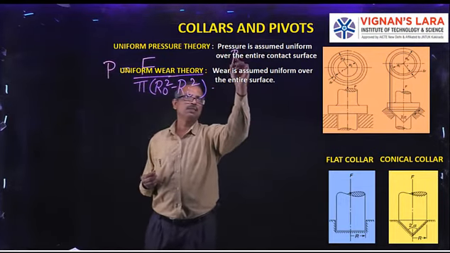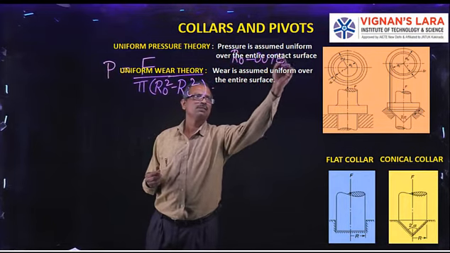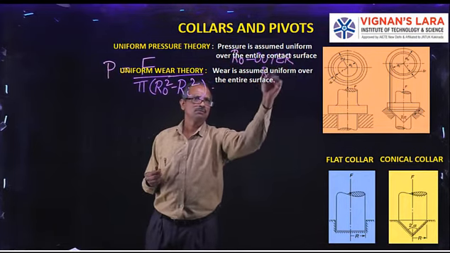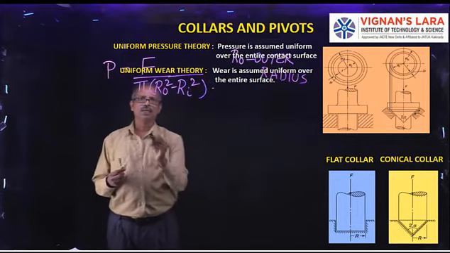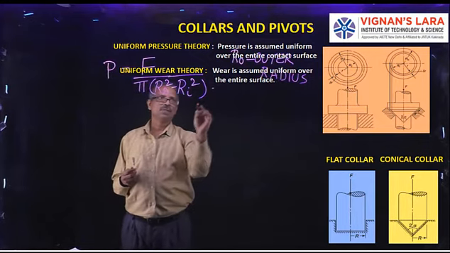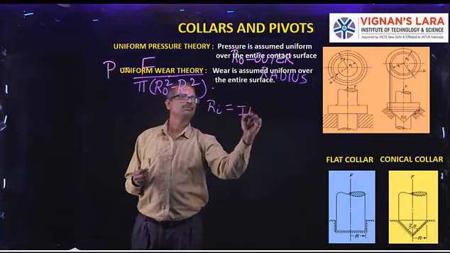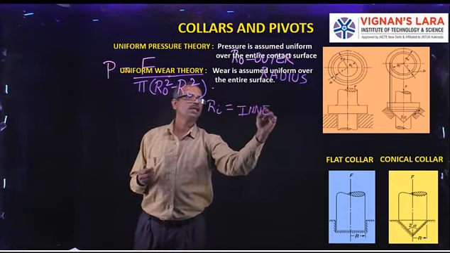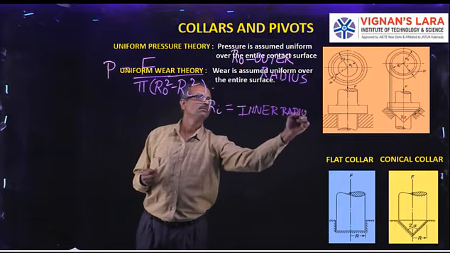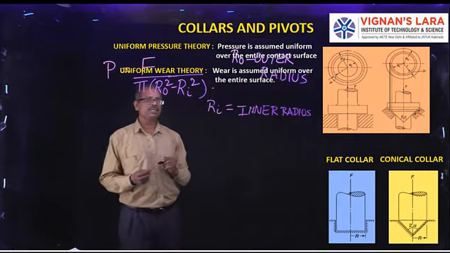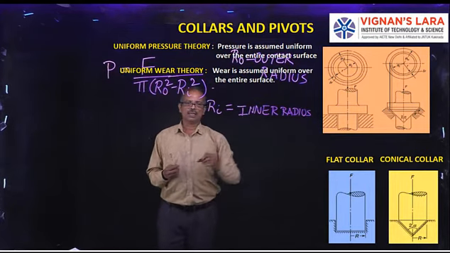R naught is the outer radius and Ri is the inner radius. And what is this F? F is the force that is acting on the shaft.